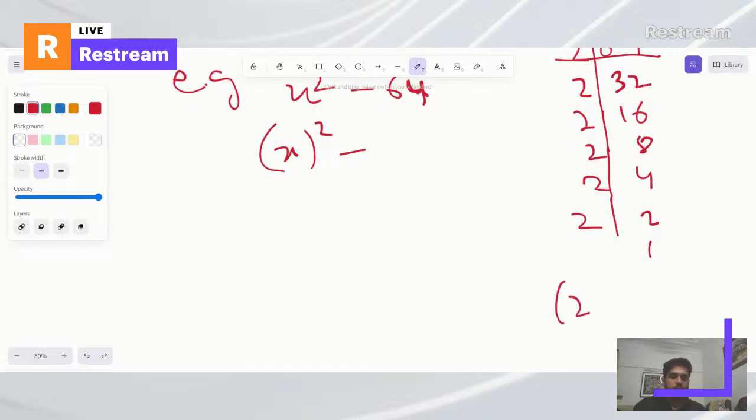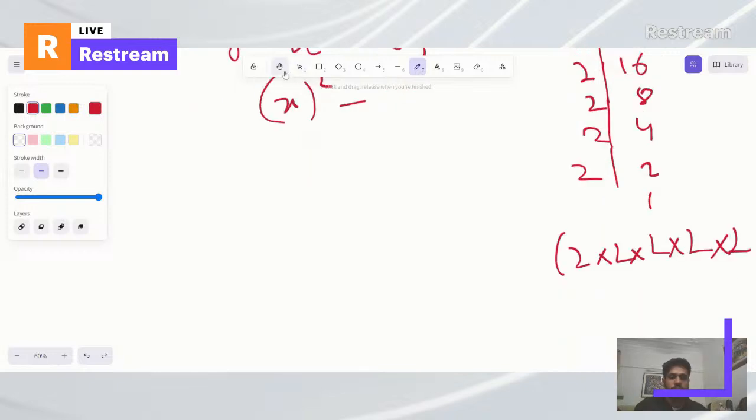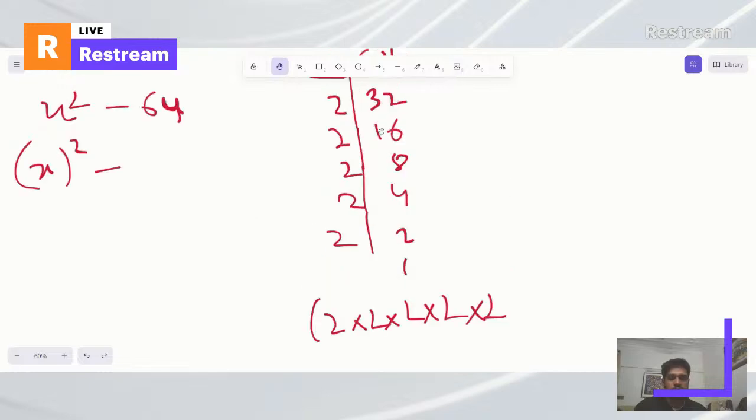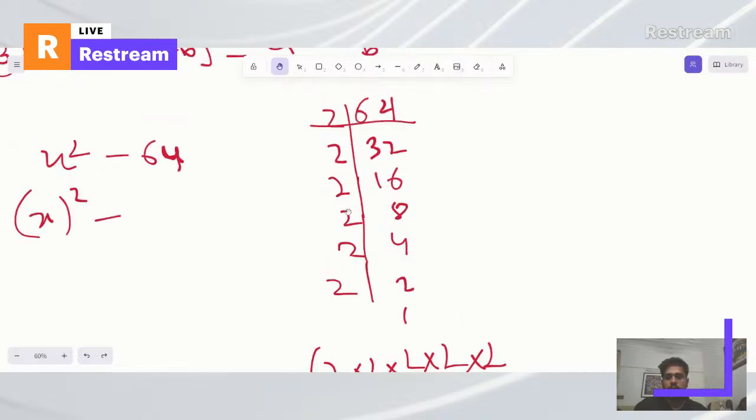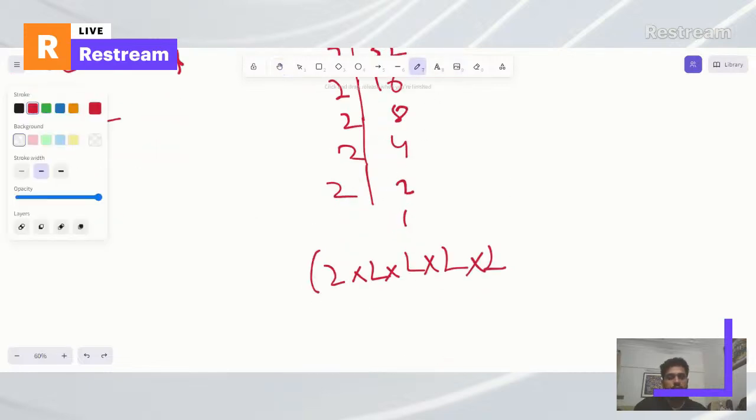So if I place it, it's going to be 2 into 2 into 2 into 2 into 2 into 2, right? How many twos are there? 1, 2, 3, 4, 5, 6, right? So we can write it as 2 to the power 6, but now we don't need 2 to the power 6. We just need any number which is a square.